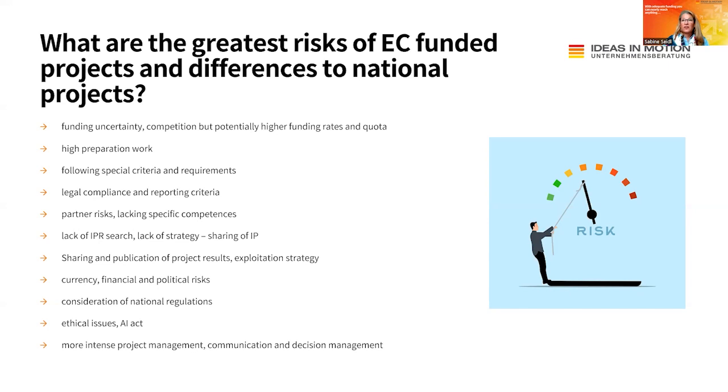Partner risks: the competences, that you represent the whole value chain in the consortium. Then it happens very often that the consortium forgets IPR research, and there is a lack of IP strategy in the proposals. This is very important, because as you know, the Commission looks more and more at this topic.